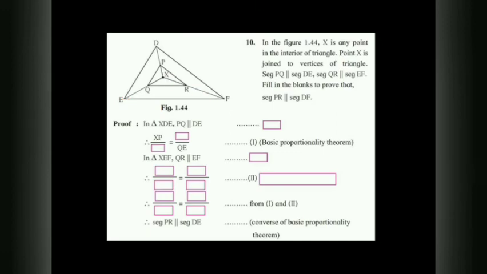So here PQ is parallel to DE is given to us, and QR is parallel to EF. From all that information, we are going to prove PR is parallel to DF. That is our aim. We only have to fill in the blank spaces.